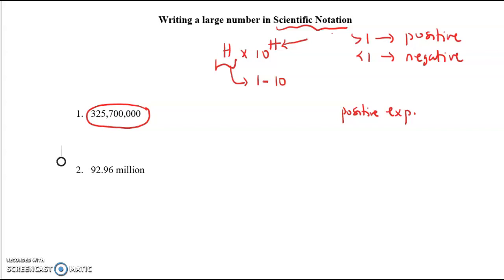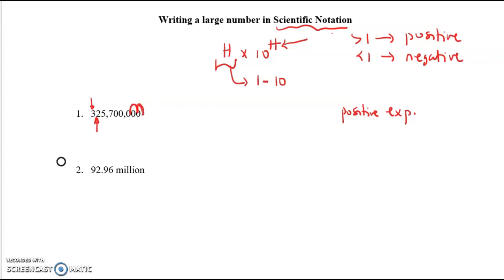If you don't see a decimal point in your value, the decimal point is placed right after the last digit. And with the rule of writing scientific notation, we have to move our decimal point so that there is one non-zero number in front of the decimal point. The one non-zero number we have is 3, so the decimal point is going to be in between 3 and 2. And we're going to move our decimal point so that we are in between 3 and 2.